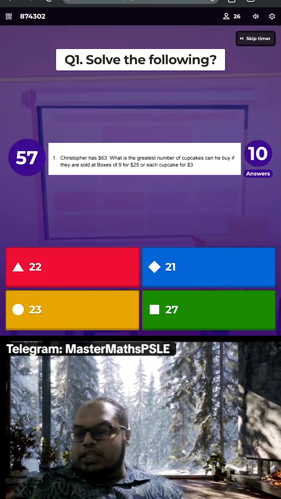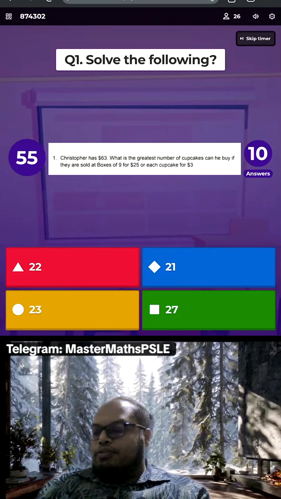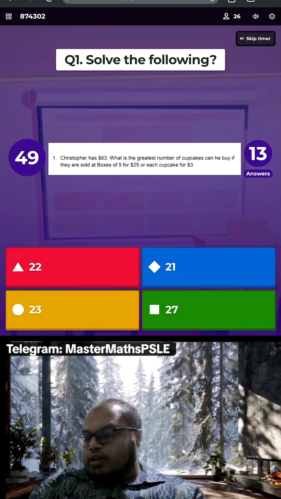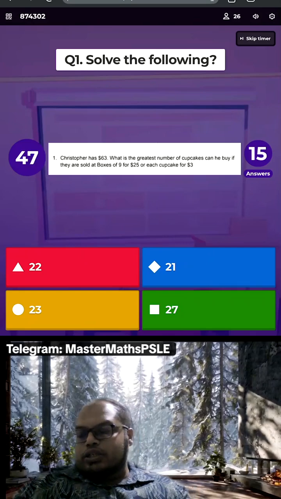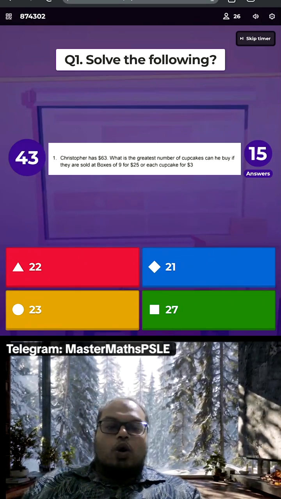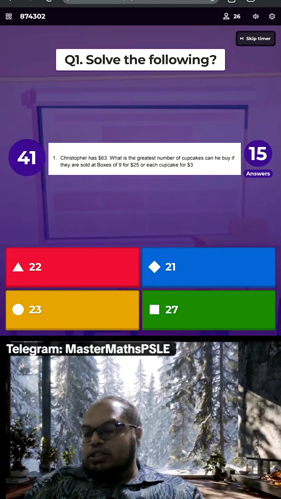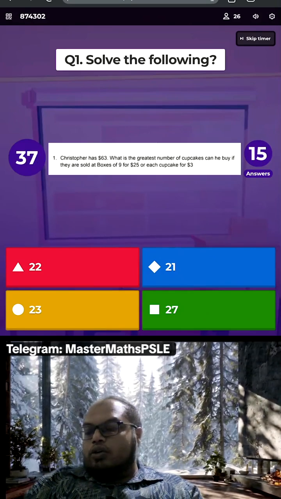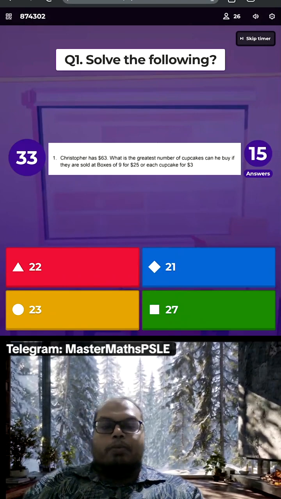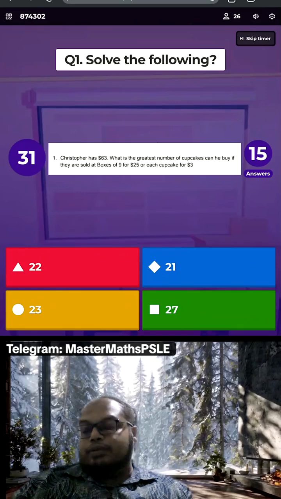Christopher has $63. What is the greatest number of cupcakes he can buy if they are sold in boxes of 9 for $25 or each cupcake for $3? So there are 2 options here. Either he buys at 9 for $25 or 1 cupcake for $3, and he wants to buy the greatest number.